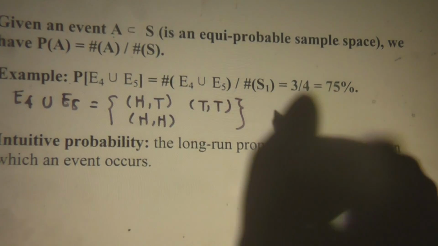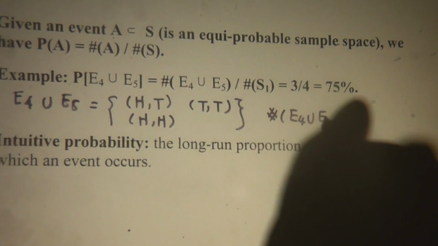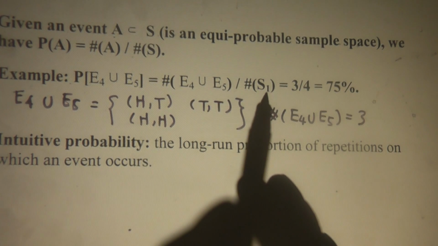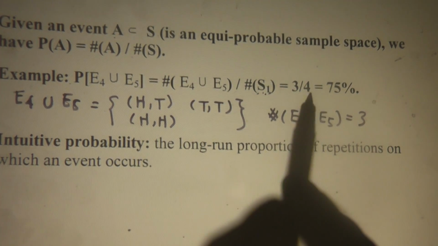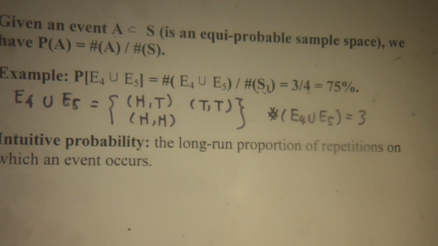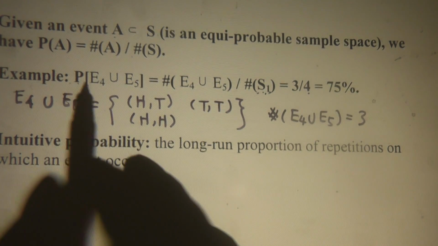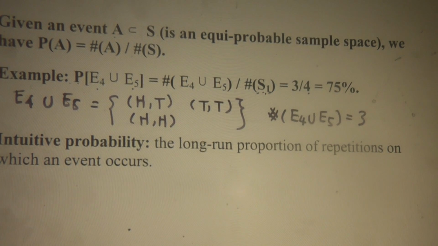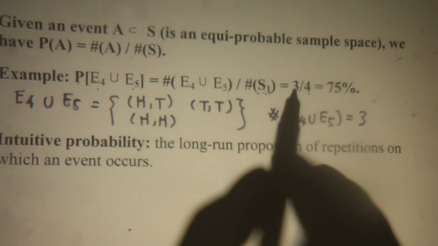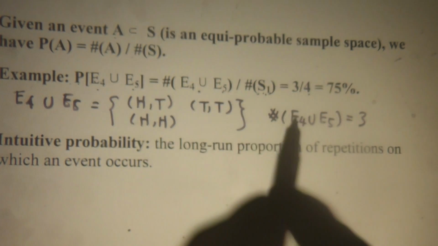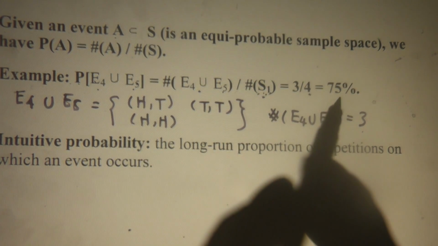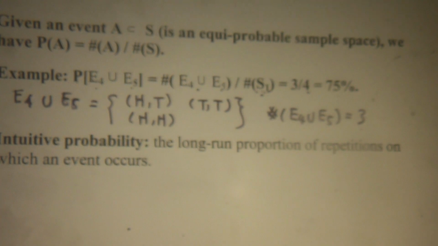Okay? So how many possible outcomes are there in E4 or E5? The number is 3. And how many outcomes are there in sample space 1? 4. So what is the probability that E4 or E5 occurs? Well, that probability is the number of outcomes in E4, E5, which is 3, divided by the number of outcomes in S1, which is 4. So the chance is 75%. Okay?